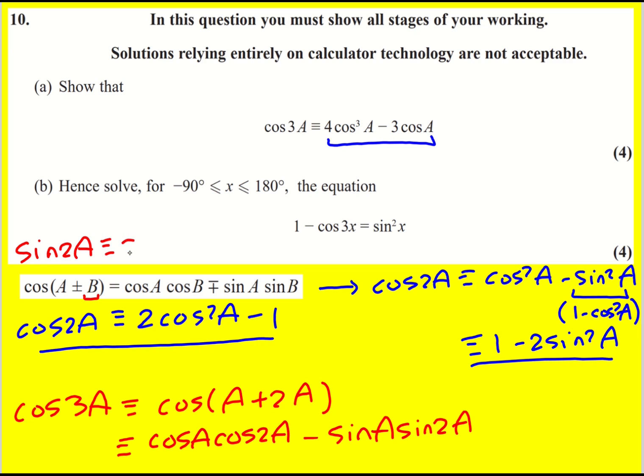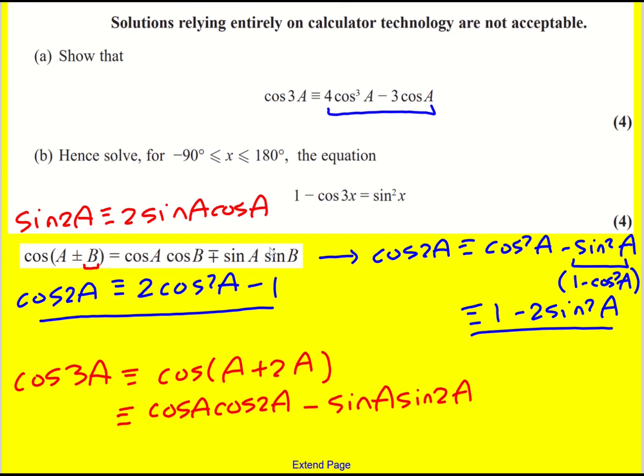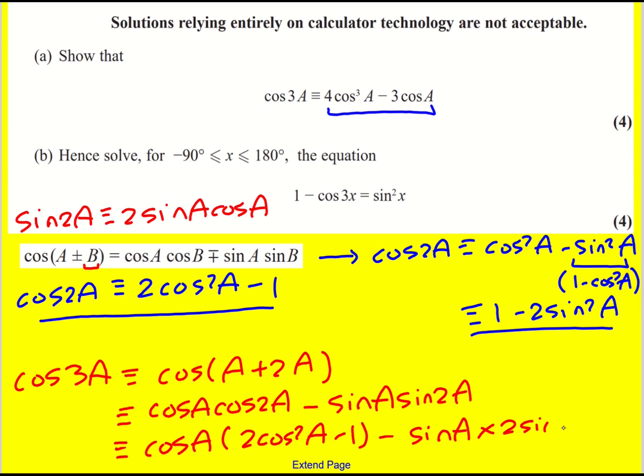I'm not going to do that here, but it's 2 sine a cos a, done in a very similar way to the cos one. So now I can sub in for all of these, and I'll get cos a times 2 cos squared a minus 1, minus sine a times 2 sine a cos a.